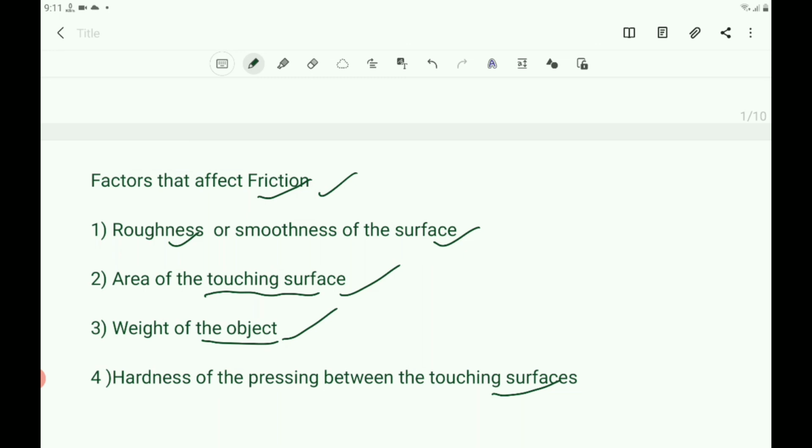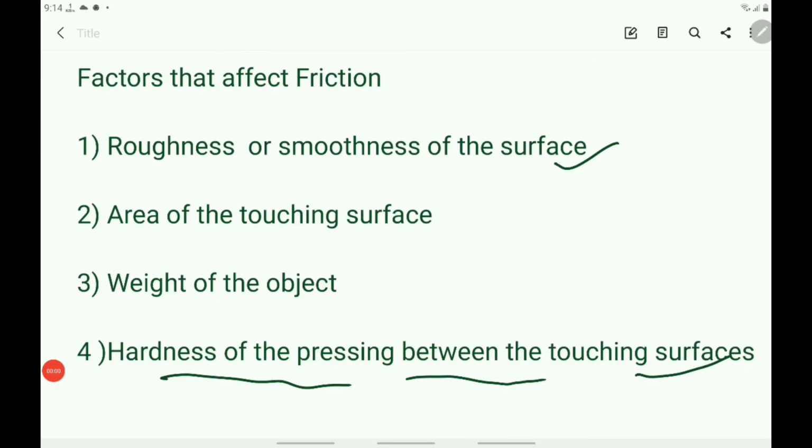If a body with more weight moves on a surface, there is more friction. Hardness of the pressing between the touching surfaces also affects the friction. As it increases, the friction also increases. These are the factors affecting friction.